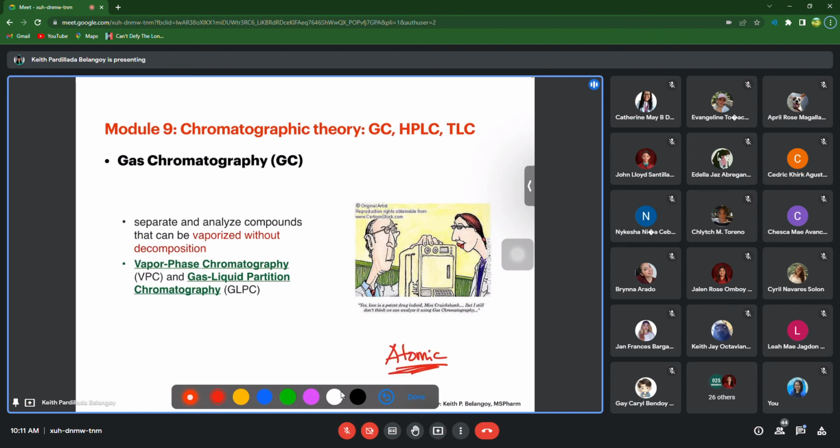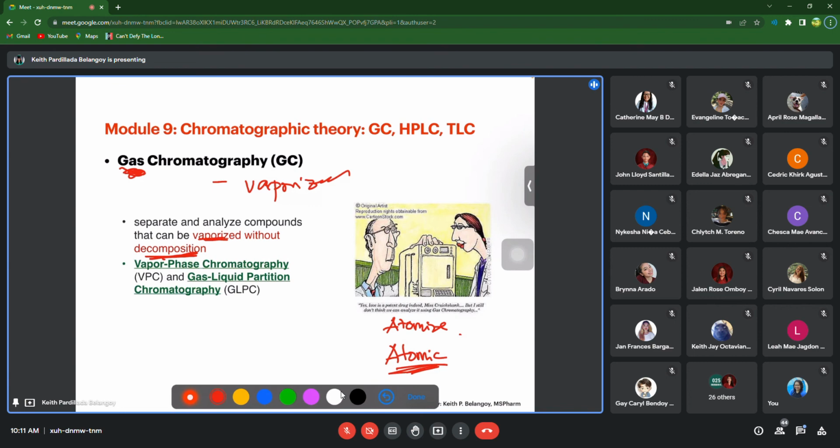Atomic spectroscopy's first step is to atomize the sample. Okay, same with your gas chromatography. Your sample should be vaporized without decomposition. The same with atomic spectroscopy. When you vaporize your sample into a gaseous state, you should not cause any decomposition.